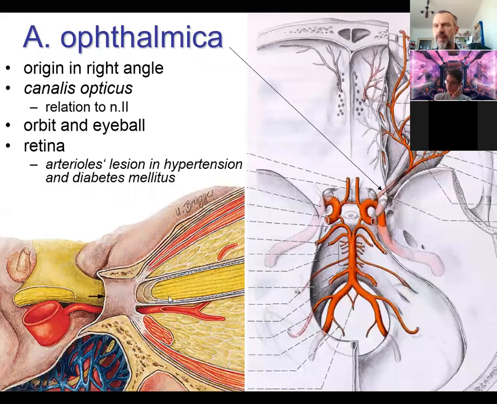And then finally, we come to the C7. But before, we have to talk about the ophthalmic artery itself. Why is it at a right angle? We want the blood to come to the eye very slowly, not to destroy the retina. The retina is a very fine structure. We will talk about it later.